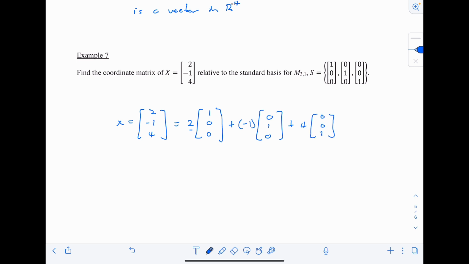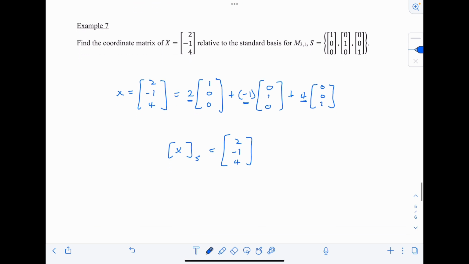So again, here are my scalars. That's going to create my coordinate matrix. So my coordinate matrix of x relative to S is the column matrix 2, -1, 4.